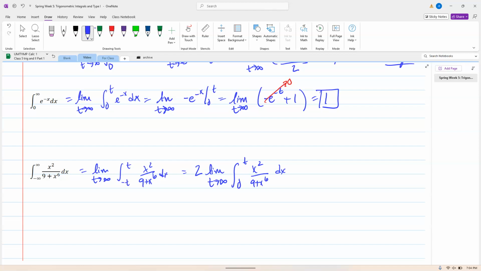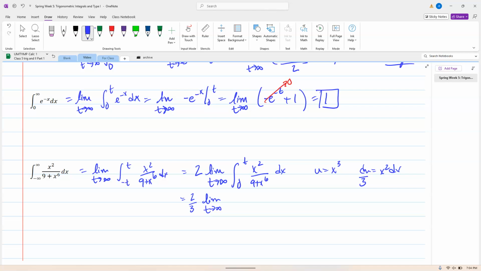Well, what if we did u is equal to x to the third? Wait, why in the world are you doing that? Well, then du over 3 is going to be x squared dx. Okay, so I get 2/3 times the limit as t approaches infinity.